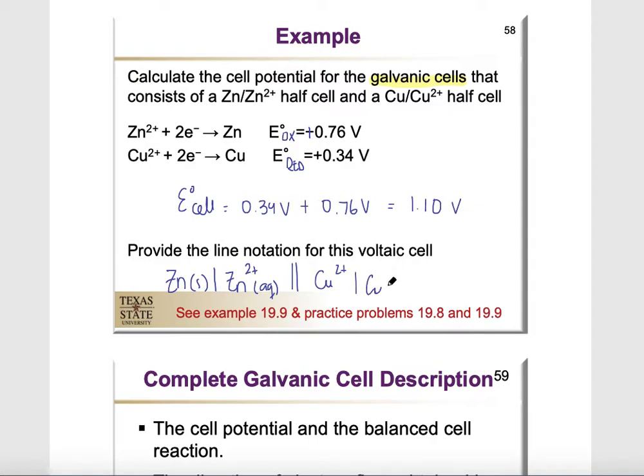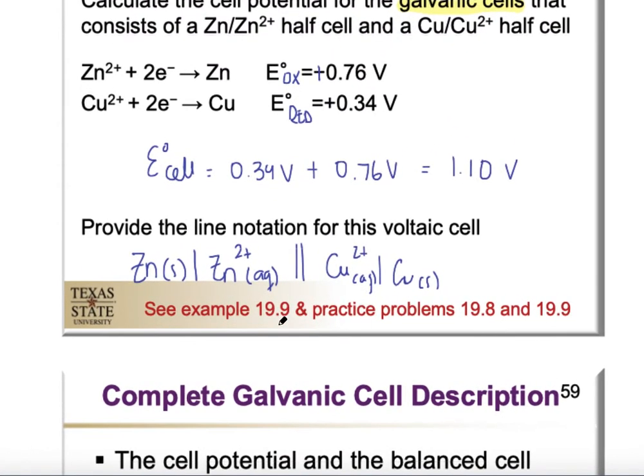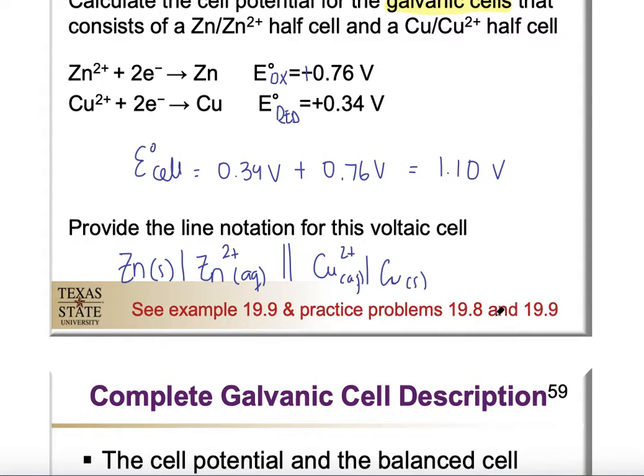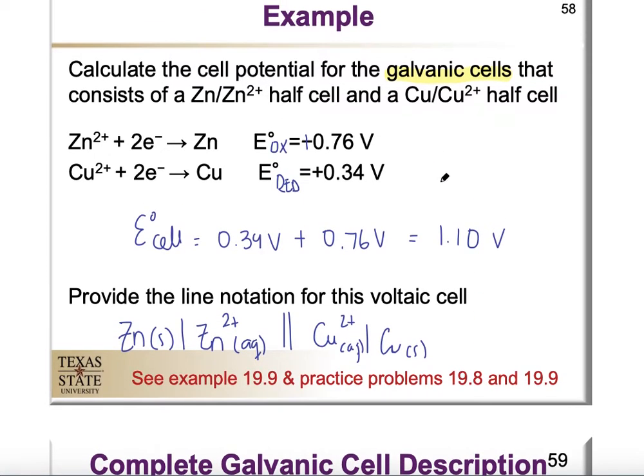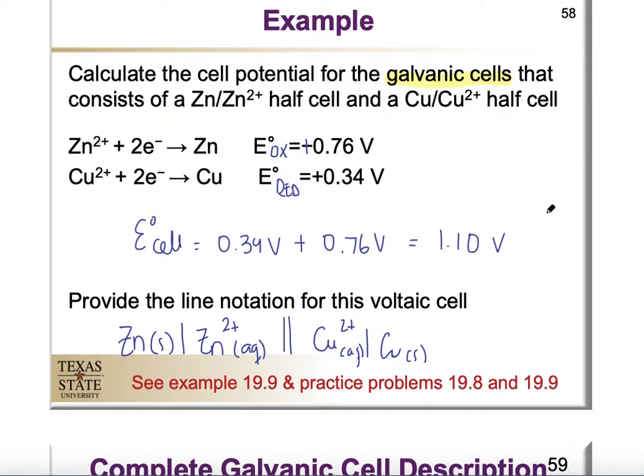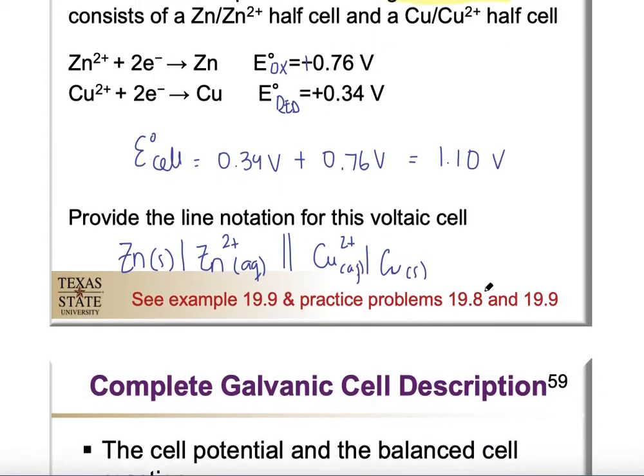This one is aq, this one is solid, and we are done with our line notation. That's that. I recommend that you go and look at this example and these practice problems to practice a little bit more in terms of calculating the cell potential and the way they write the line notation as well.